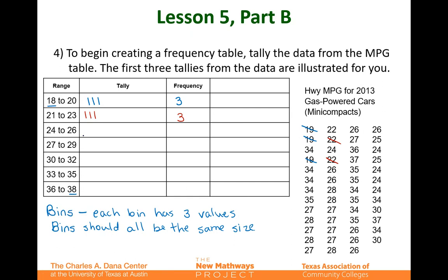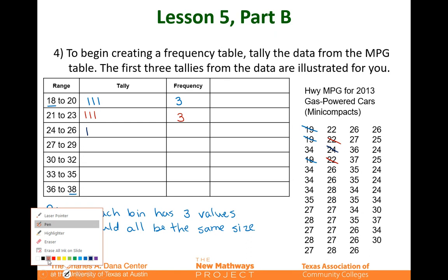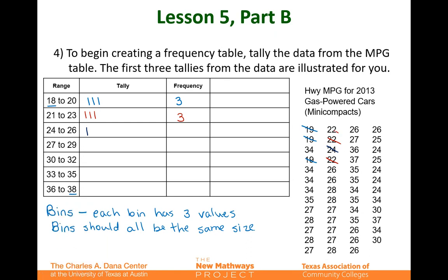What about 24 to 26? I think 24 to 26 is going to be a lot. Basically, every time you mark one out, you make a tick mark. So there's 1, 24. Oh, I didn't mark out the, hang on a minute. I didn't mark out that 22.